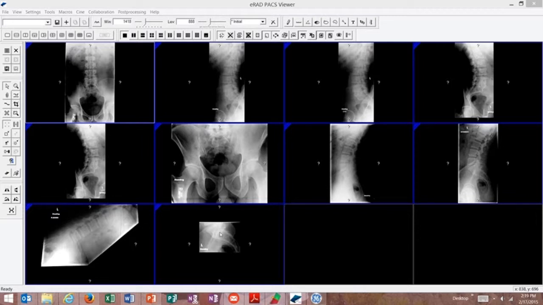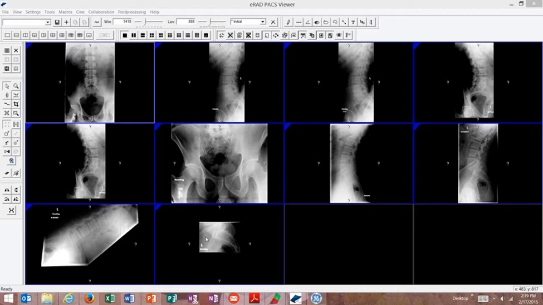And this is the routine series for the lumbar spine. It includes an AP. Here's an AP with a 15-degree cephalad tube tilt. Here is your lateral lumbar. Here is the left and right obliques, and lumbar extension, lumbar flexion, and L5, S1 spot shots.